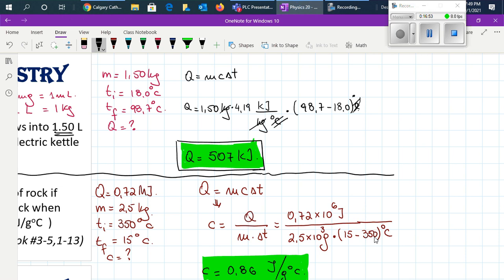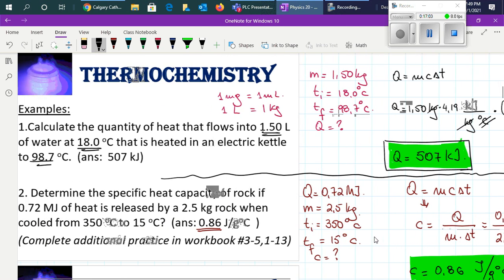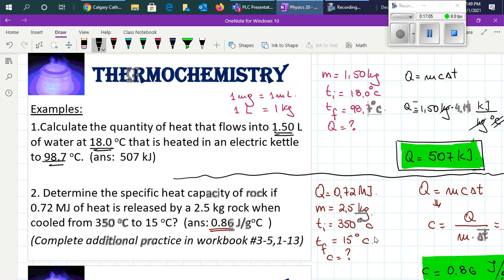However, we know that specific heat capacity can be expressed only as a positive value, and we will talk about the enthalpy change and whether it is positive or negative when we see that topic in the second day of thermochemistry.